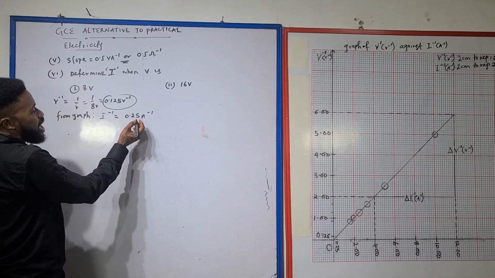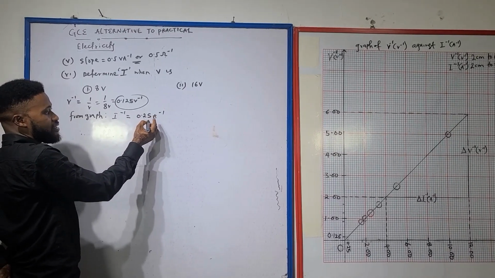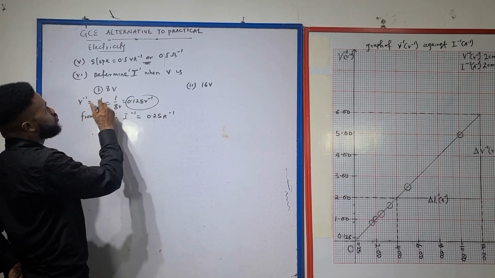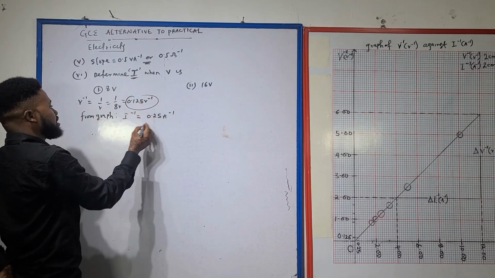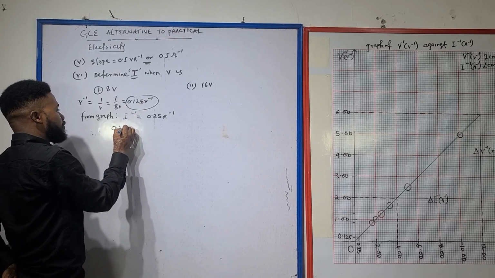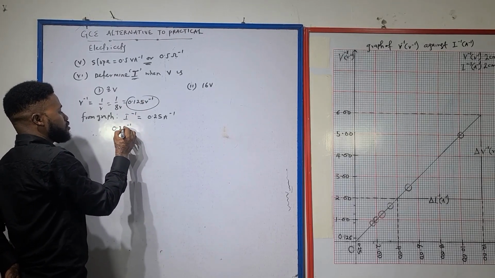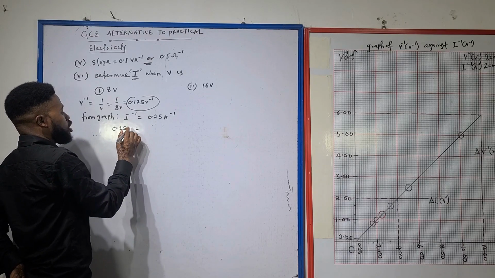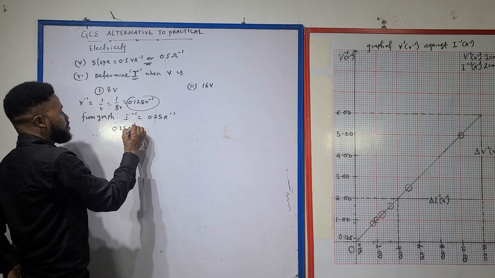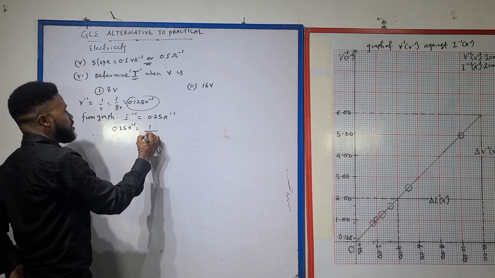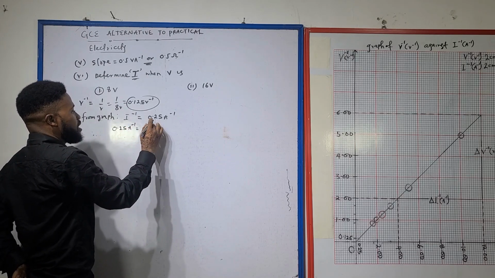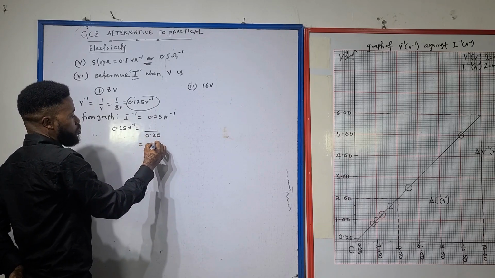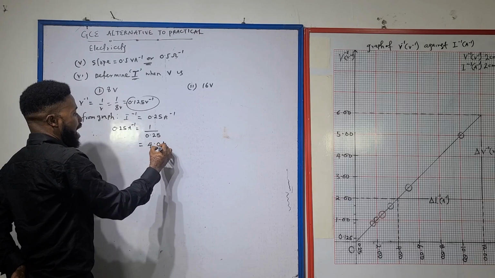So I will now have to convert this to current, because what I was told to look for is to determine I. Now 0.25 per ampere, for me to convert this to current, that would mean 1 divided by 0.25, that is 4.0 amperes.